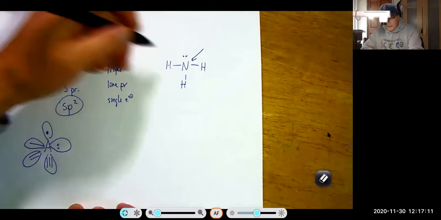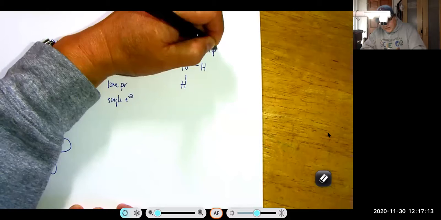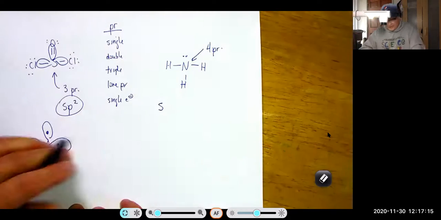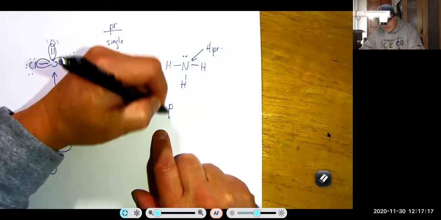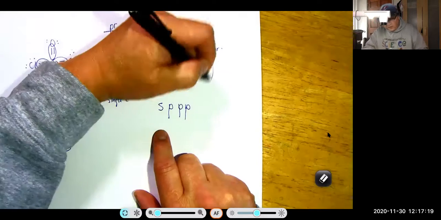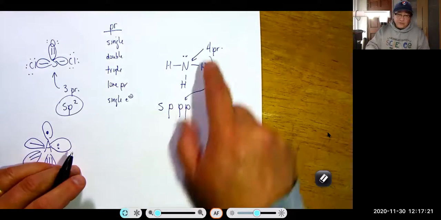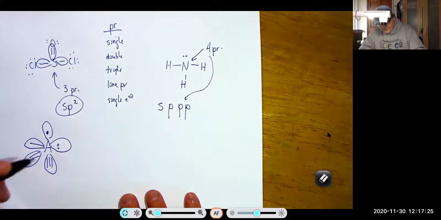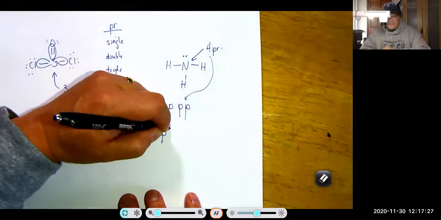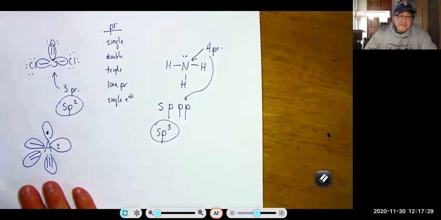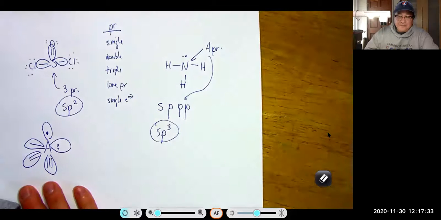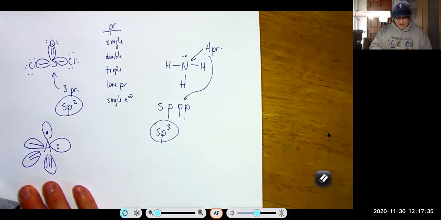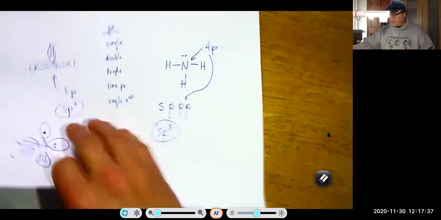Well, 4 pair means you have to have 4 orbitals. S, P, P, P. 1, 2, 3, 4. Now we don't write SPPP. What do we write? SP3. So what's the hybridization on this guy? SP3.